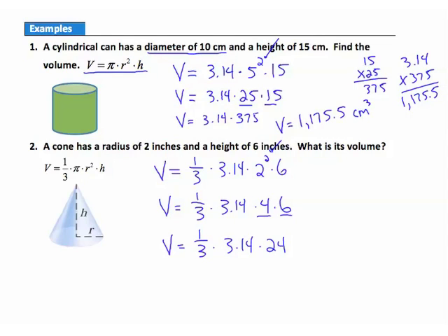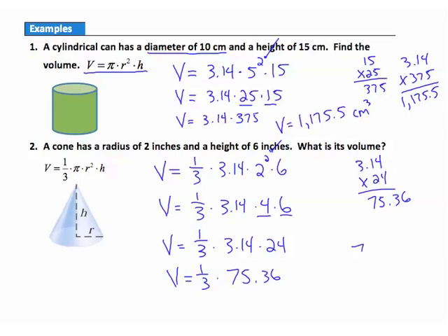Now let's go ahead and multiply 3.14 times 24. So we come off on some scratch work. When we do that multiplication, we get 75.36. So the volume is going to be 1/3 times 75.36. Now, taking 1/3 of something is the same as dividing something by 3.